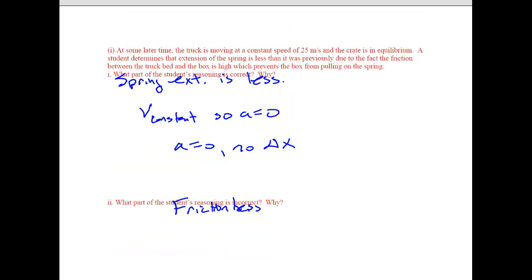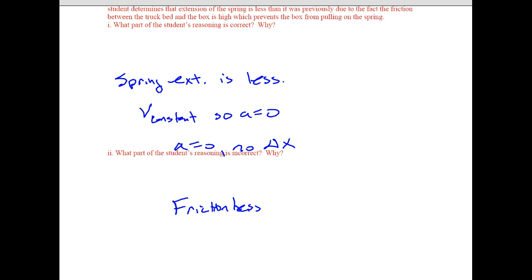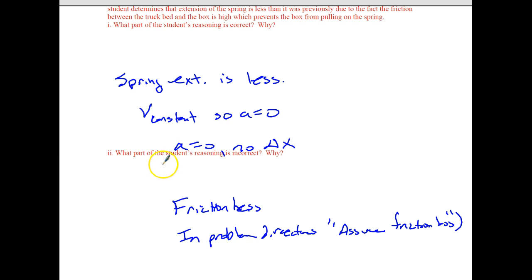So it's actually in the problem itself. When it says why, you just put in problem directions, and then it says assume frictionless. So kind of a goofy thing, but they'll do it to you. And that is the end of this problem.